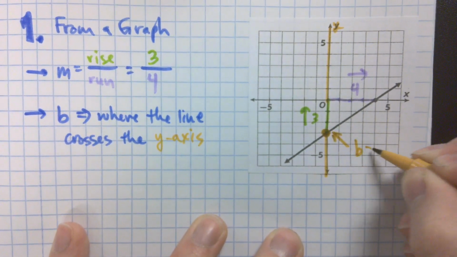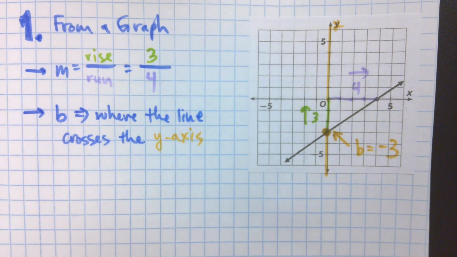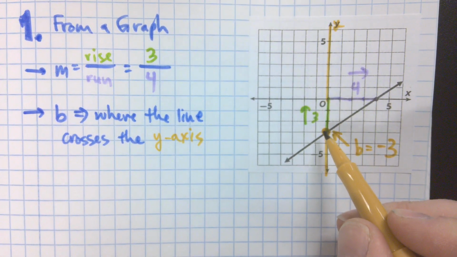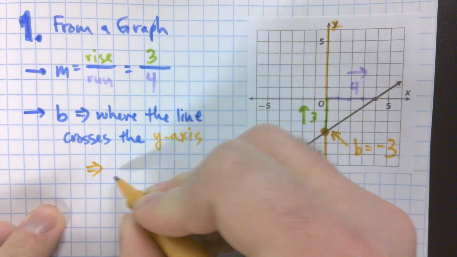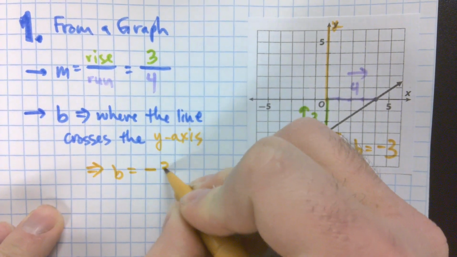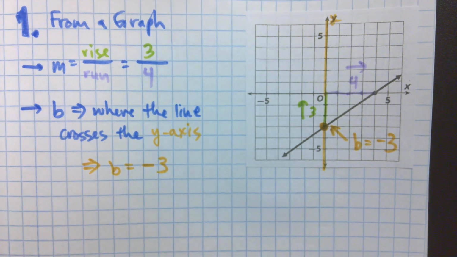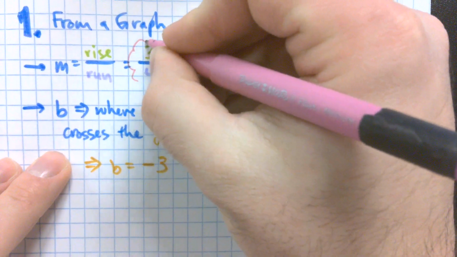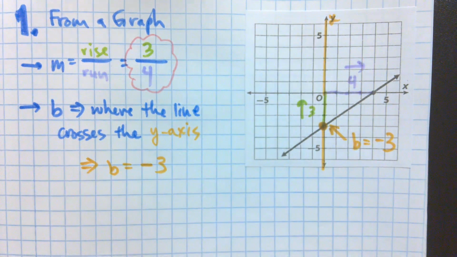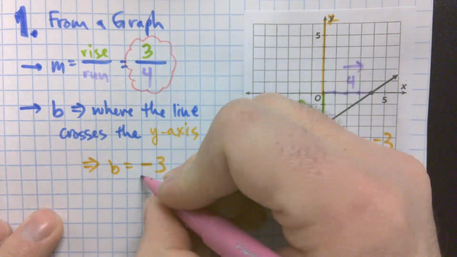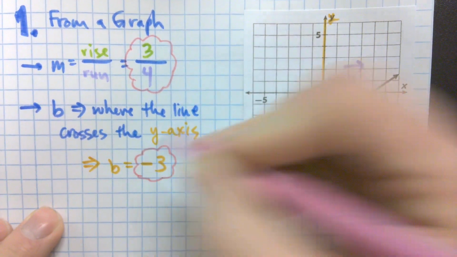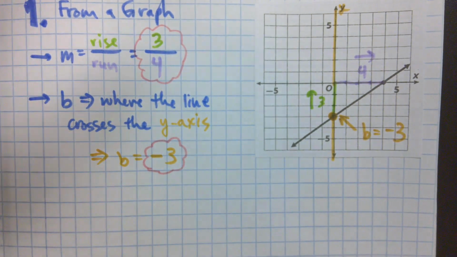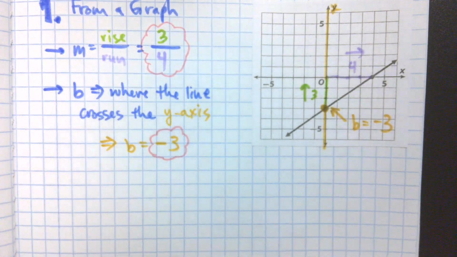That point is at -3. Right? From the origin, it is 1, 2, 3 spaces down. So we know that B is equal to -3. We found our M using rise over run. We found our B by looking at the graph and analyzing where that line crosses my y-axis.